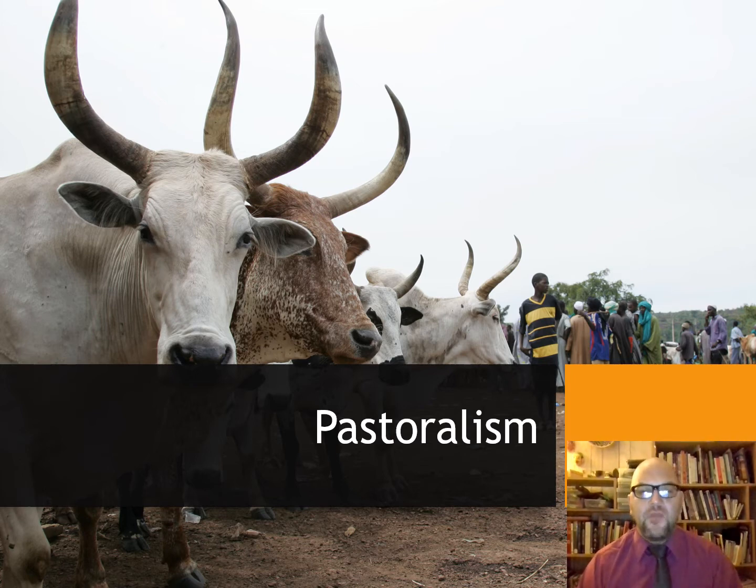And so what these people have done is they've taken an animal and they use it as a calorie filter of, look, everything out here is too scrubby, too thorny, whatever. I can't eat it, but cows can, and I can eat the cows. Goats can, and I can eat those, right? And so it's a really pretty awesome adaptation. There are still a lot of pastoralists around the globe, particularly in sub-Saharan Africa.